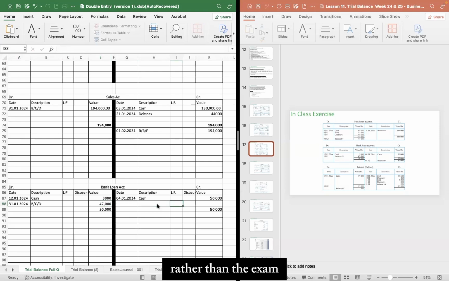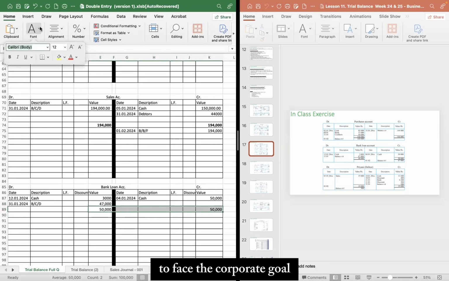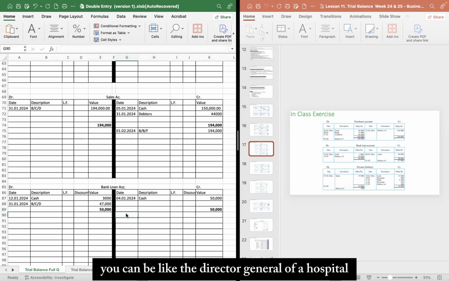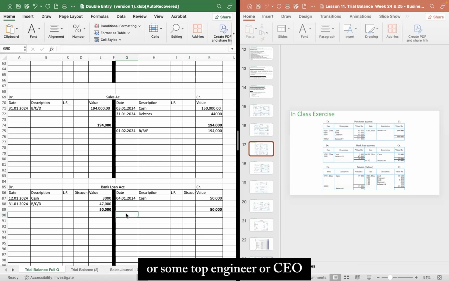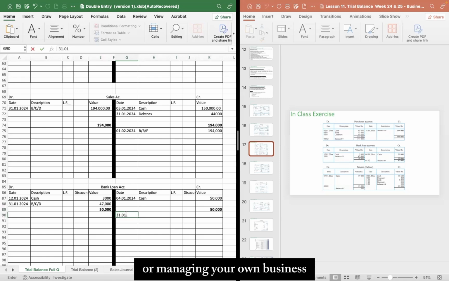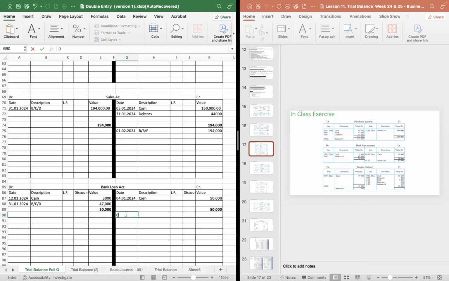Rather than the exam, the ultimate goal is to mold yourself to face the corporate world. So one day you can be the director general of a hospital, a top engineer, a CEO, or managing your own business, and you know how to prepare accounts for your business.